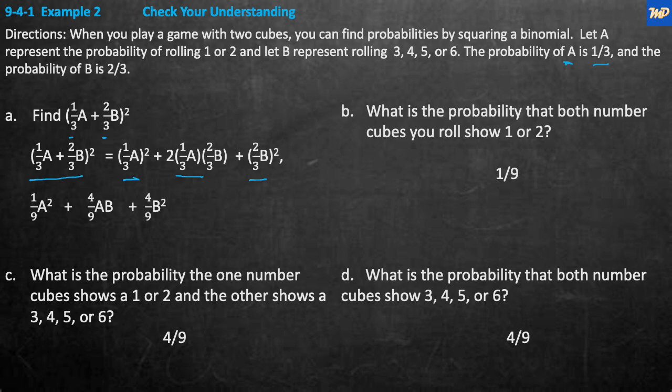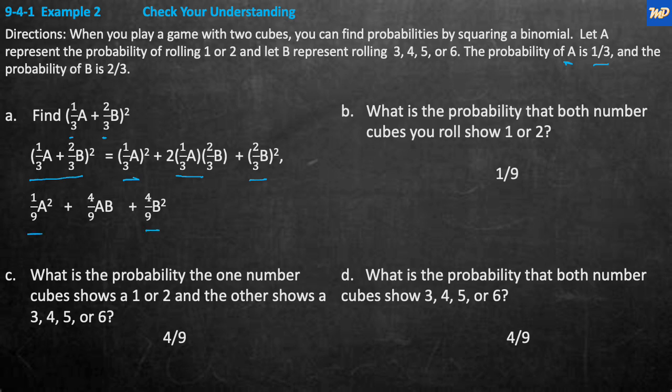To get the math on the first term, 1/3 A squared: 1/3 squared is 1/9. 1 times 1 is 1, 3 times 3 is 9, and A squared, because we're going to square the A. Then the end term is 4/9 because 2 squared is 4, 3 squared is 9, 4/9 B.